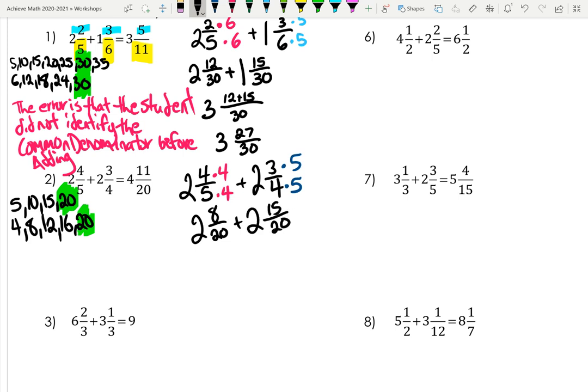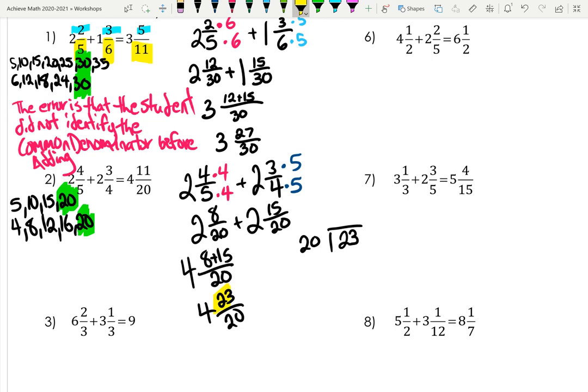Now I'm going to go ahead and add. 2 plus 2 is going to be 4. And then I'm going to add the two fractions together, which is going to turn into 4 and 31/20. Now, what we need to do is we're going to go ahead and convert the improper fraction into a mixed number. So how many times does 20 go into 23?